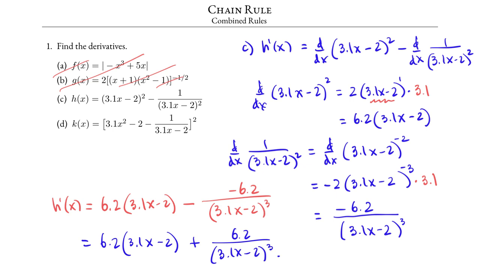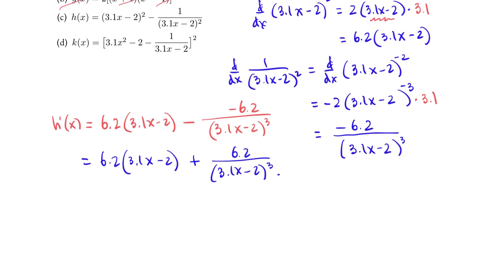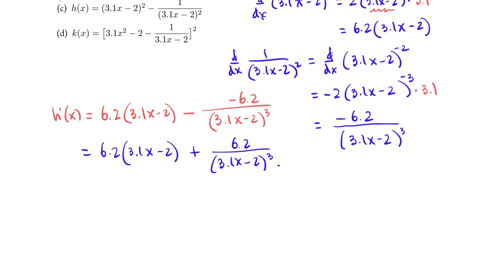For k of x, we observe that there is a function inside the square function, and so we will use the chain rule. And inside, we will use the power rule for the first term. The derivative of 2 is 0, and for the third term, we would have to either use the quotient rule or rewrite this.